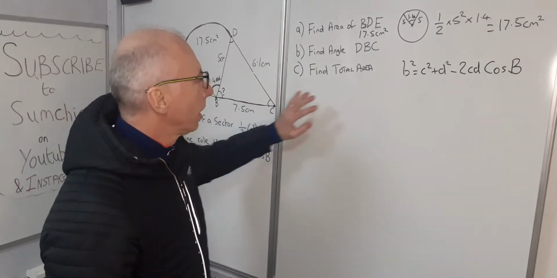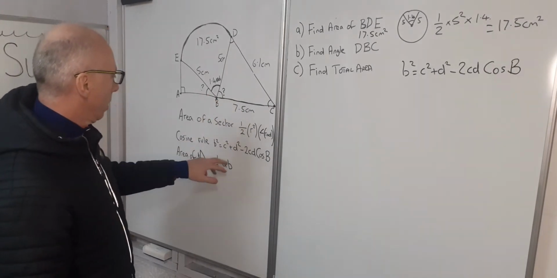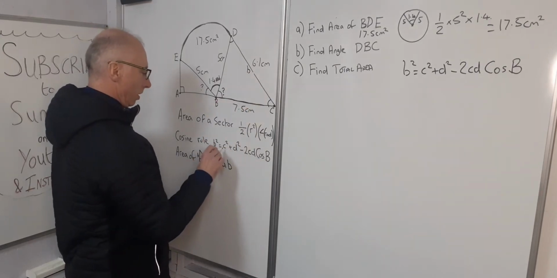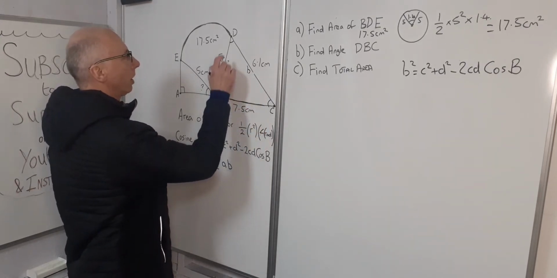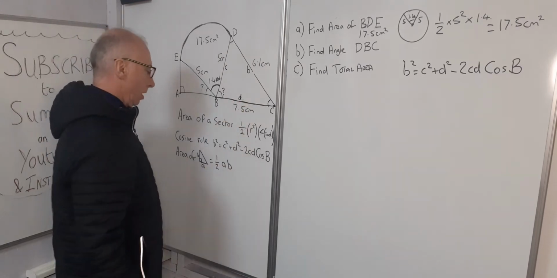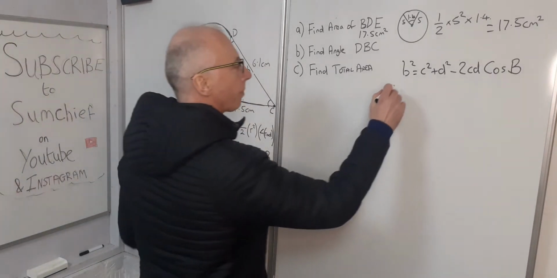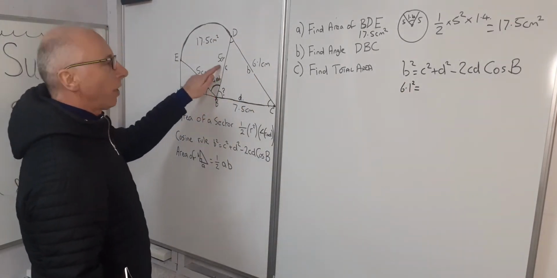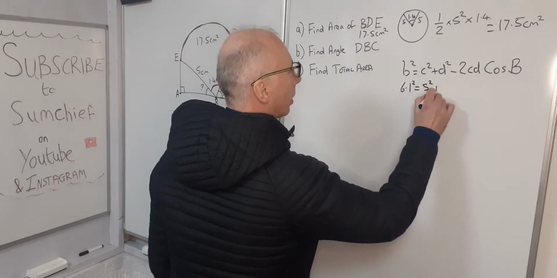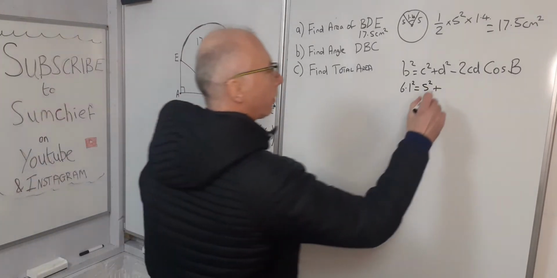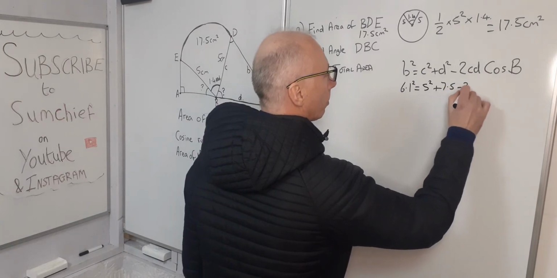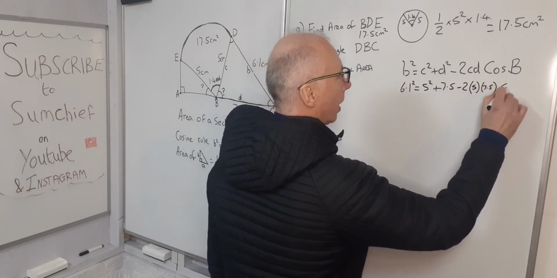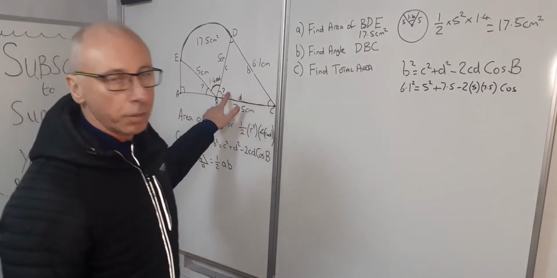Now what we want to do is work out what each one of those bits is. So b is the side opposite angle B, c is opposite angle C, and d is opposite angle D. So b is 6.1, c is 5, d is 7.5, and then we can use these values here, 5, 7.5, and then cosine B, which we don't know.